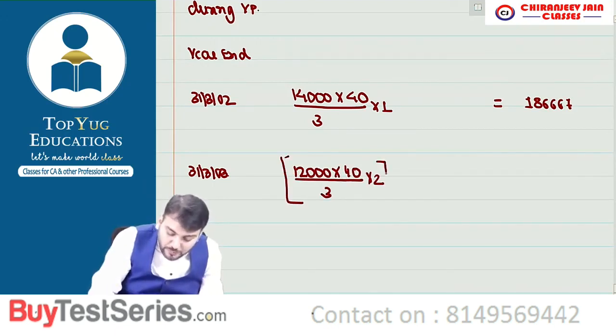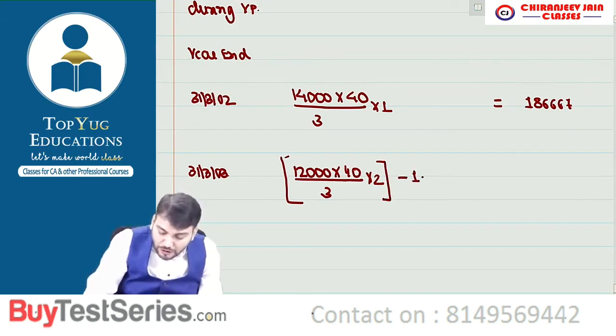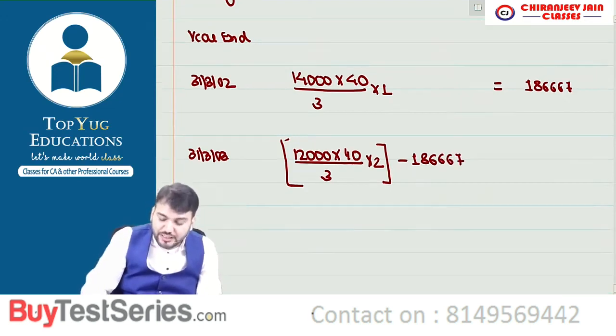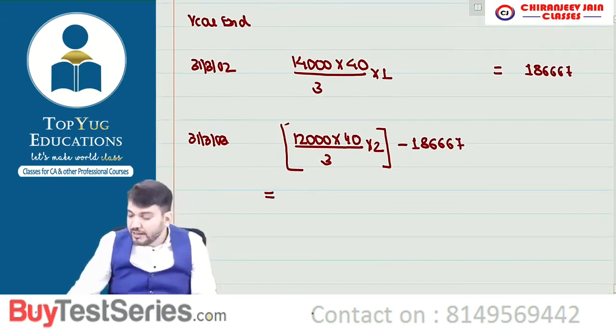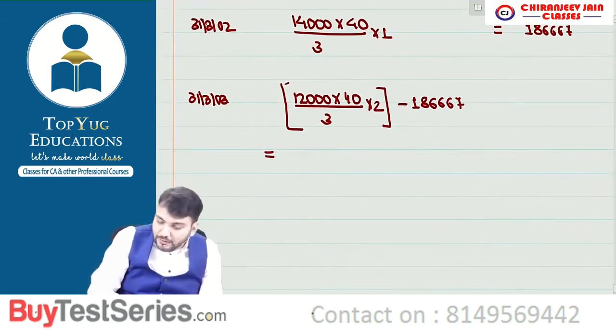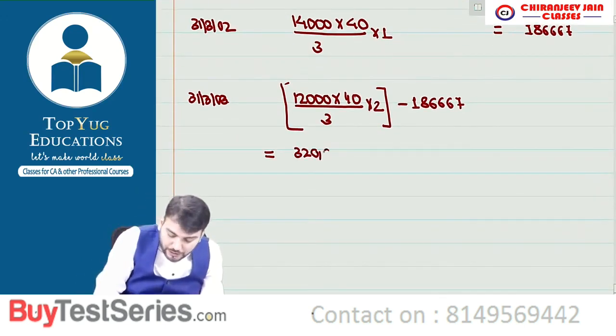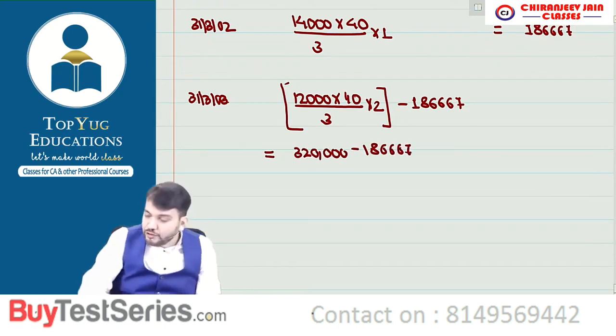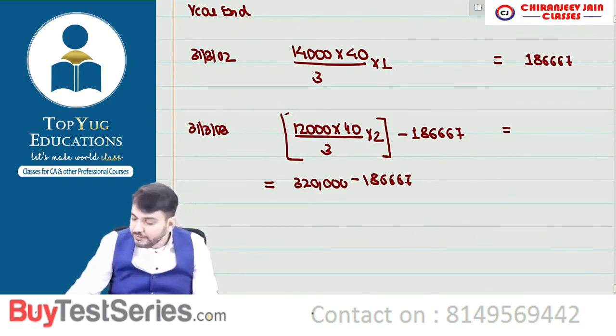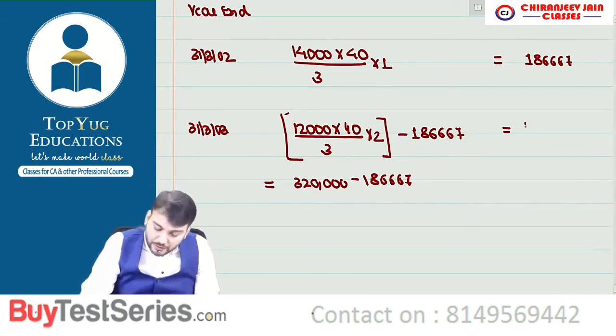This becomes the expense of first and second year, but out of this, how much is already recognized? 1,86,667. Let's check. 12,000 into 40 into 2 divided by 3 is equal to 3,20,000. 3,20,000 minus 1,86,667 is equal to how much?